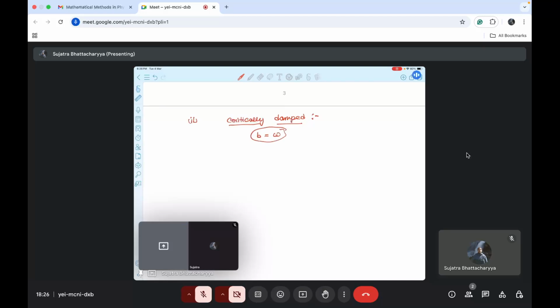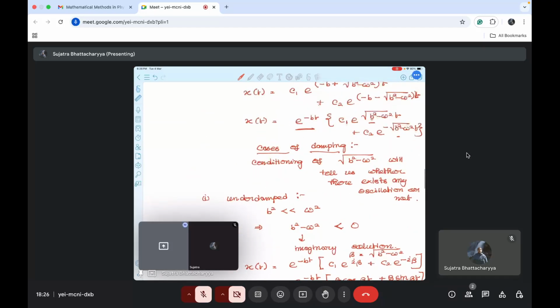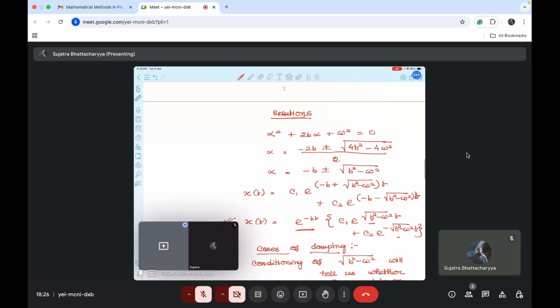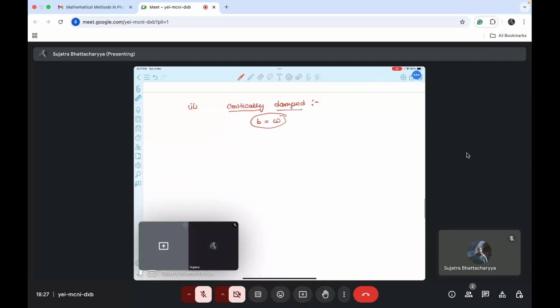Okay, so if you put b equal to omega and try to see this part, what will happen? Both will be e to the power 0, that means 1. Or if you come here, if b is equal to omega, then your alpha will be equal to minus b, in the auxiliary equation.